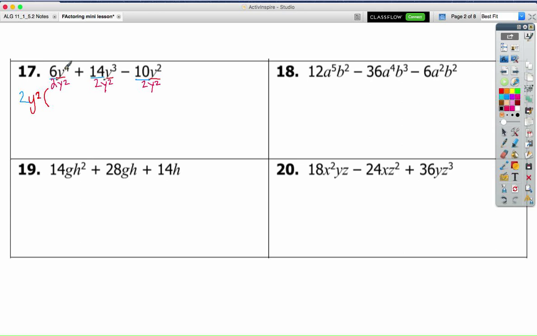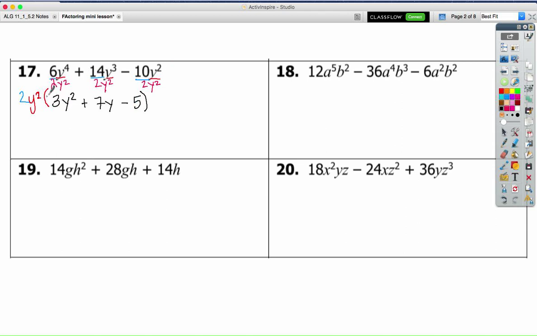If we have 6y to the fourth divided by 2y squared, that's going to leave us with 3y squared. Remember, when we divide the same base, we can subtract the exponents. Plus 7y to the first power minus 5, because the y squareds would cancel out. So this is the factored form of this trinomial.